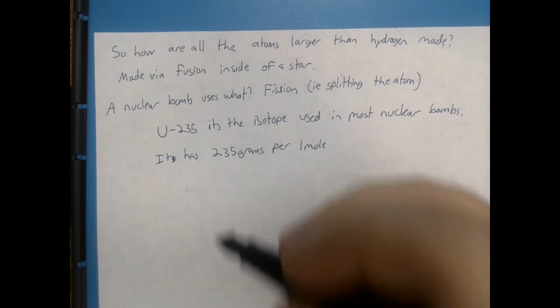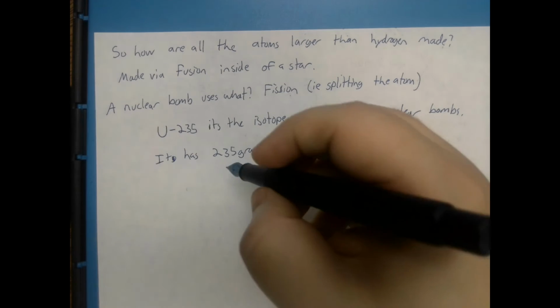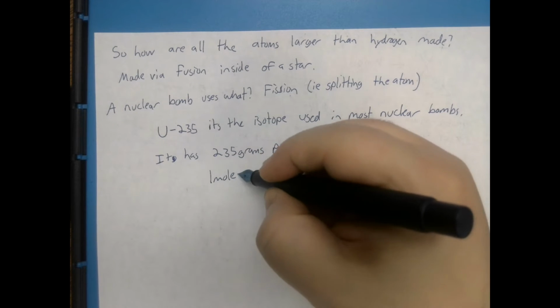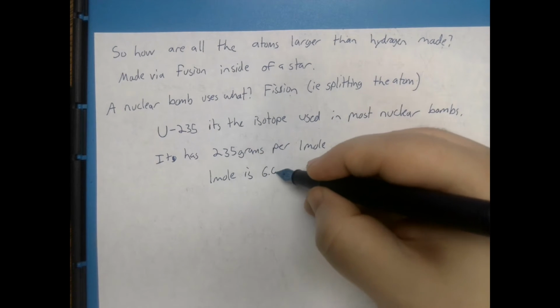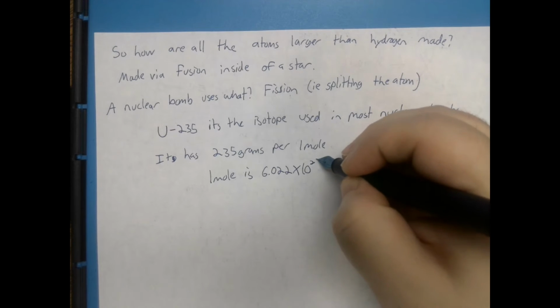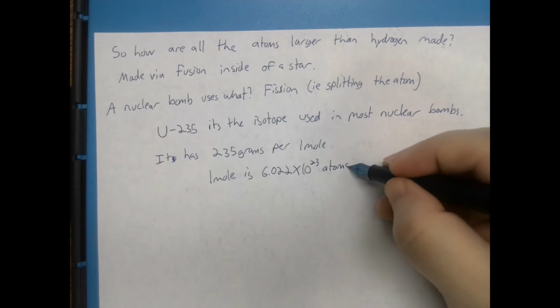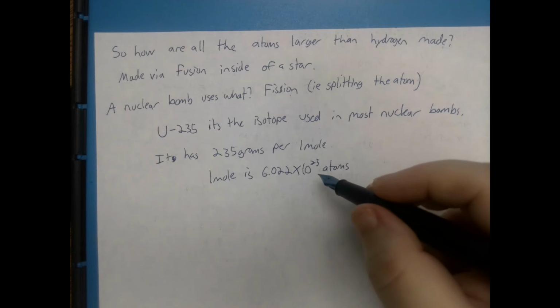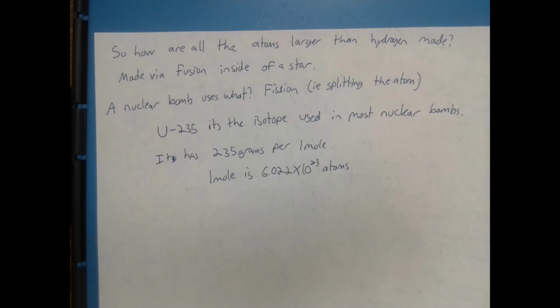That means if you had 235 grams of uranium, 1 mole is 6.022 times 10 to the 23 atoms. And if we were to split that number of atoms, and we're taking and converting the binding energy of each atom and release it, that's a really big number. So only about 2 to 3% actually get split, or maybe it's only a half.